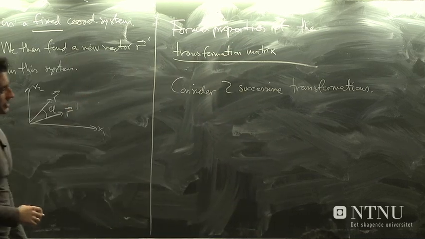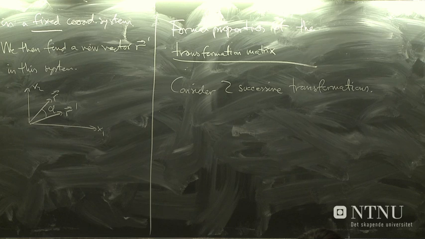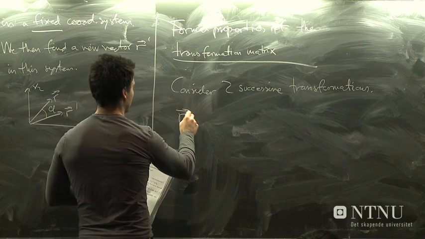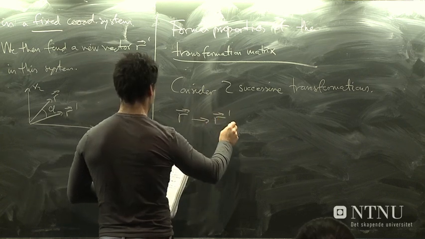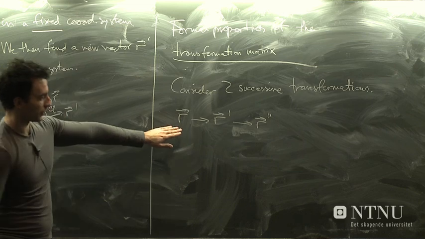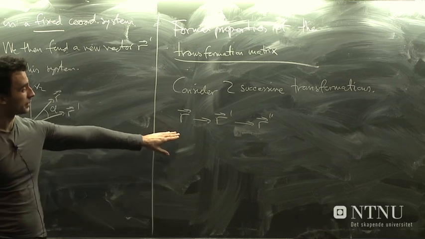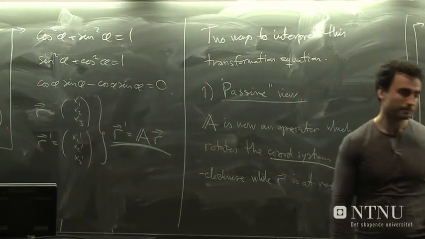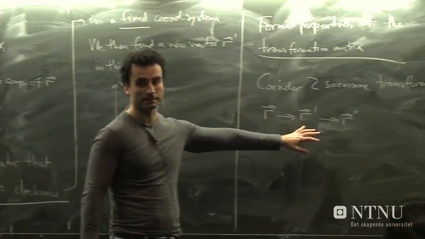So consider first the scenario where we have two successive transformations. We start out with a vector r and then transform it, according to this equation, to some new vector r prime.